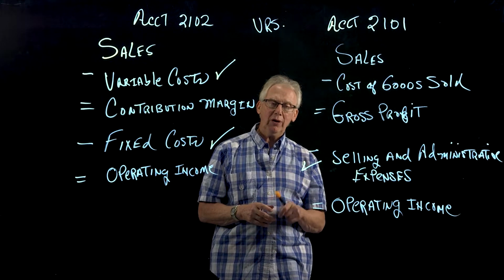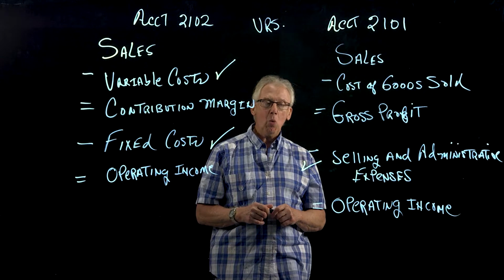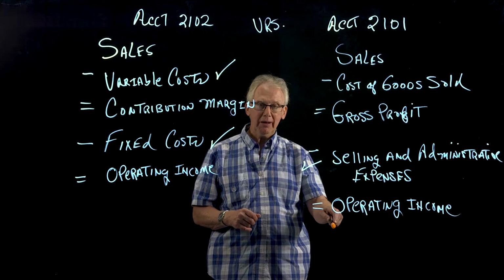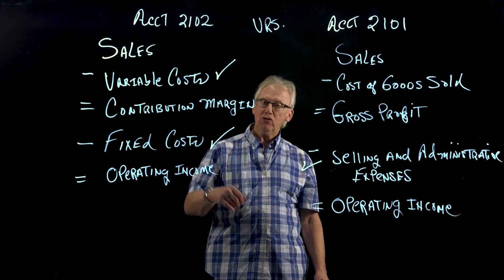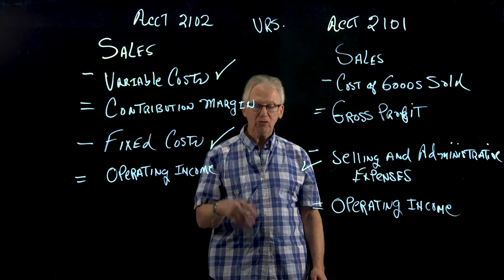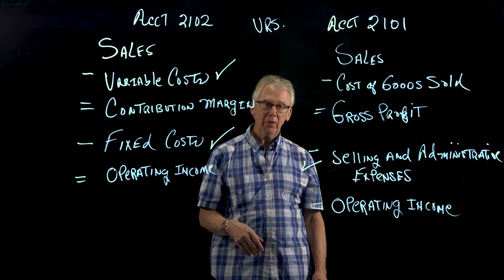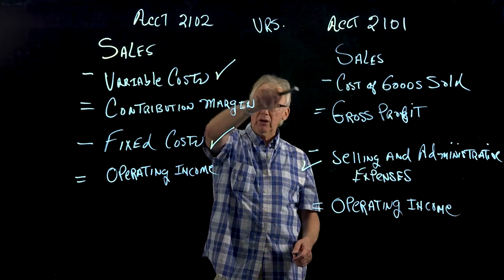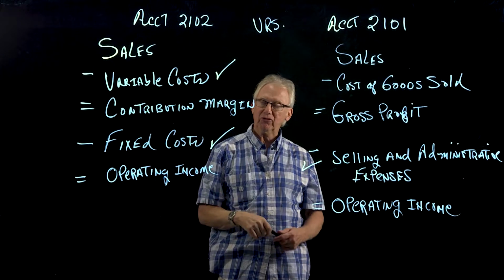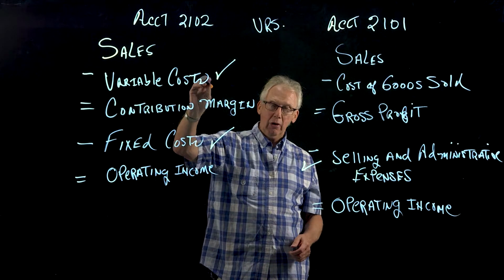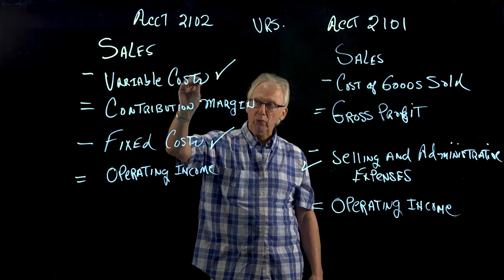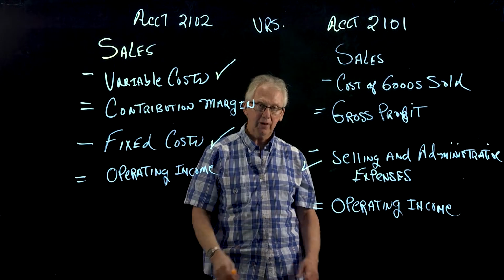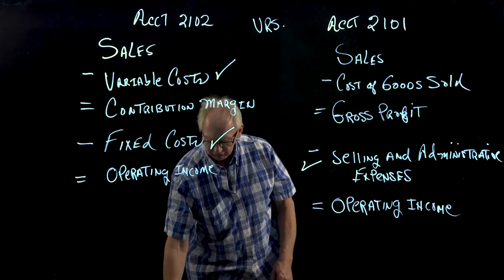There may be one question on the exam which maybe gives you this type of income statement and wants you to figure out, say, contribution margin or operating income. So what you got to remember is when you go from this type of income statement to this type of income statement, you want to break out all your variable costs and put them right here, and all your fixed costs and put them right here. And that's how you're going to get the operating income.